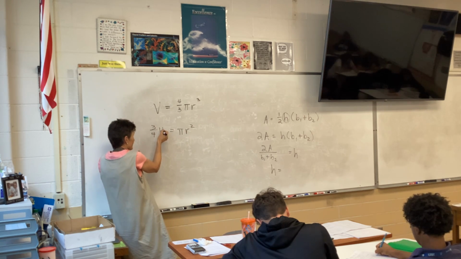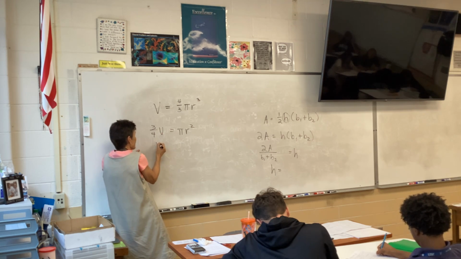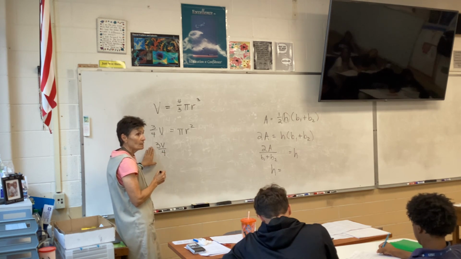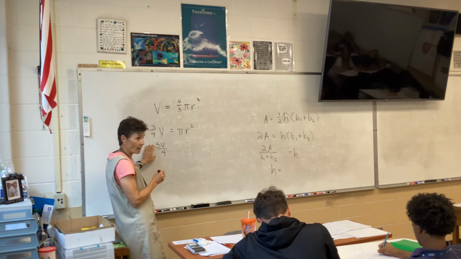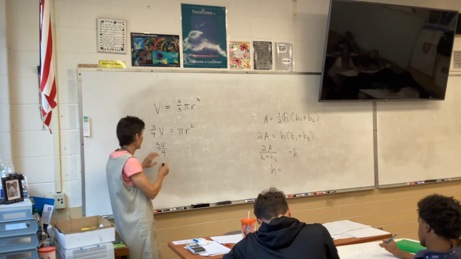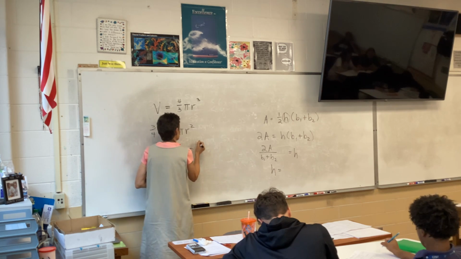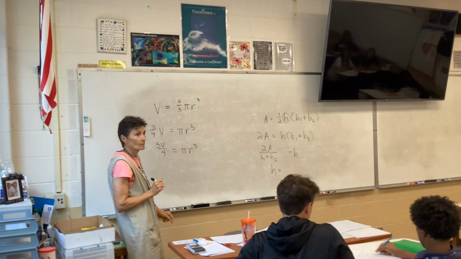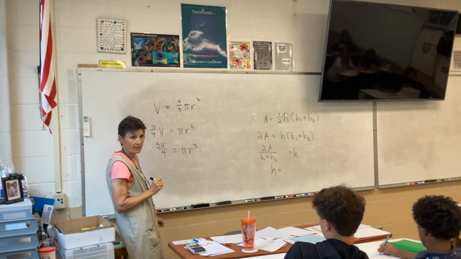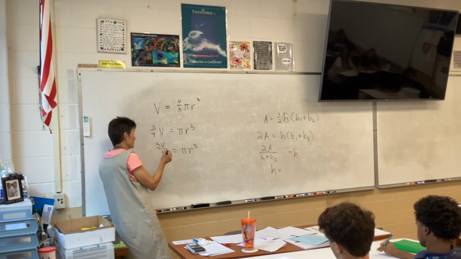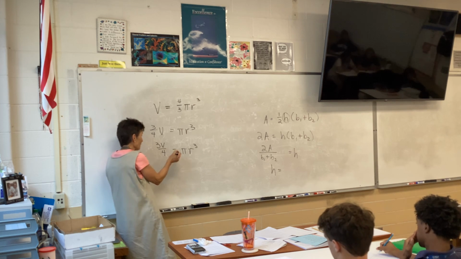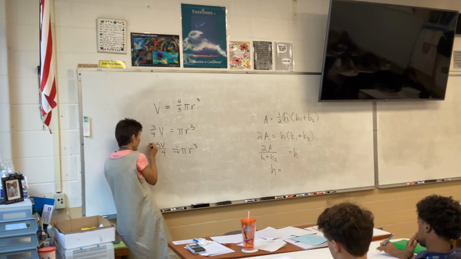Now, in case it's going to confuse you later on, this is the same as 3V over 4. Would you agree with that? So you can write it this way, or you can write it this way if it's easier for you. All right, now what? Now what? Got to divide by pi. Now when I divide by pi, it's going to go right down here with the 4. Because I'm like multiplying by 1 over pi.